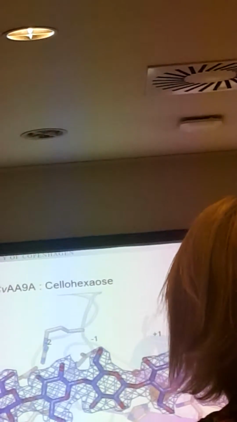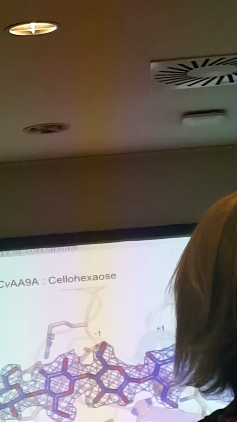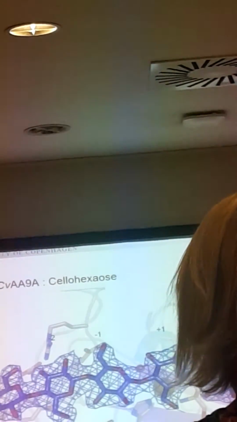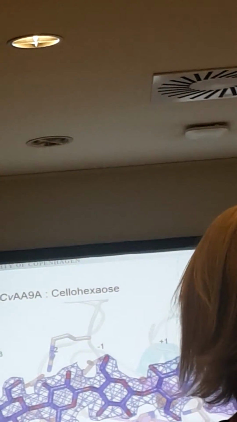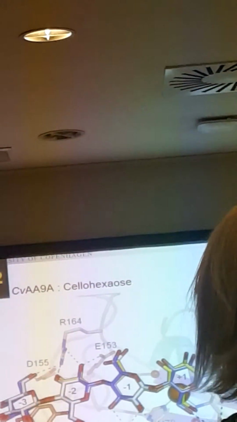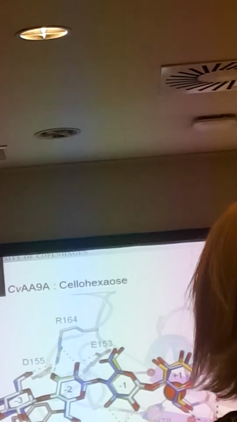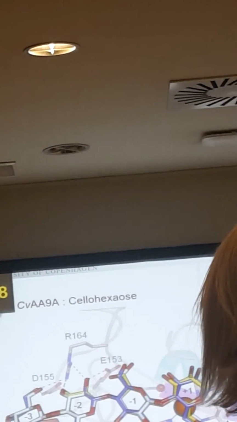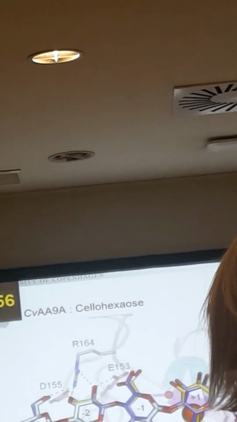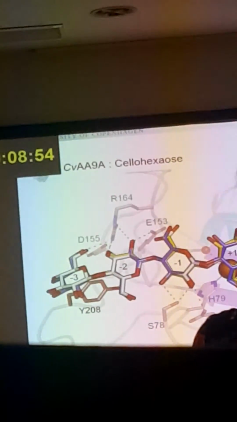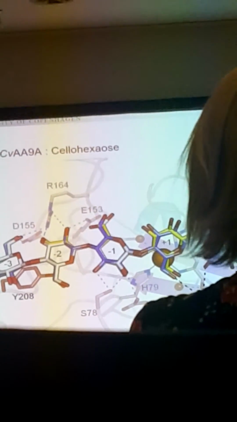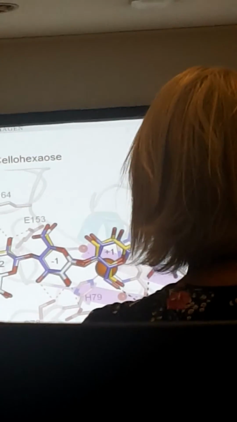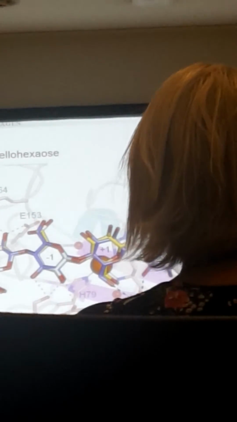But if we grew the substrate further and did a cellohexaose soak, we saw that placed rather nicely in the active site. Superimposed with the substrates from cellotetraose and cellopentaose, we see that they fit rather nicely together, but we have more involvement with the amino acids in the +2 and now also +3 subsite regions.